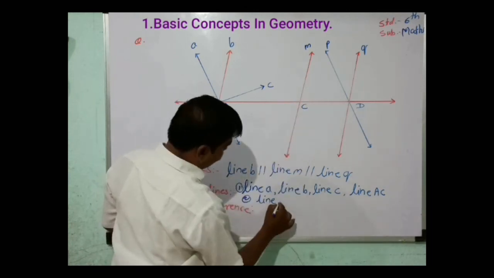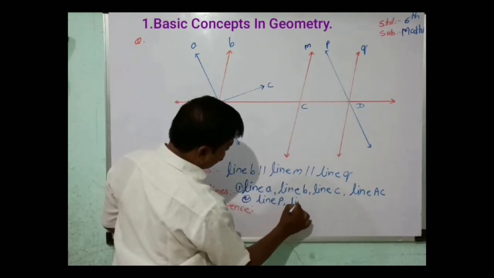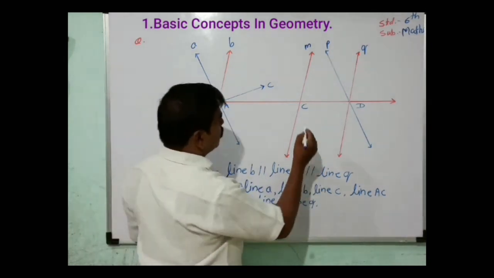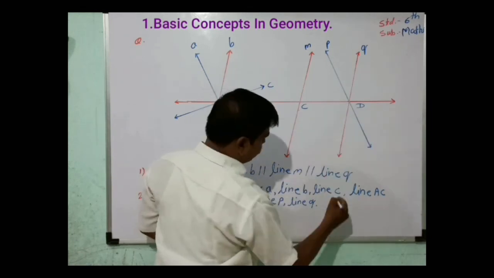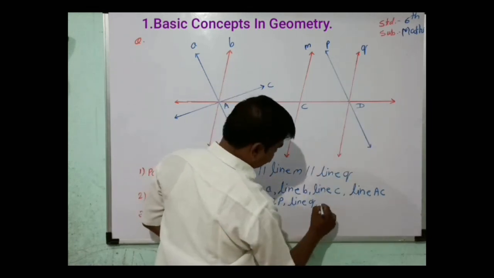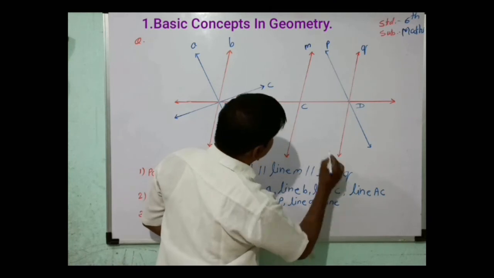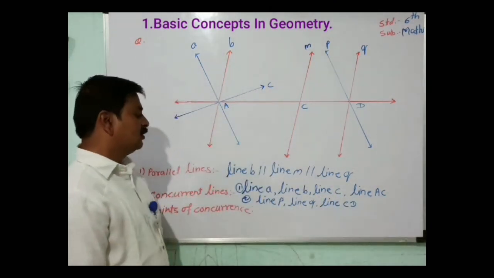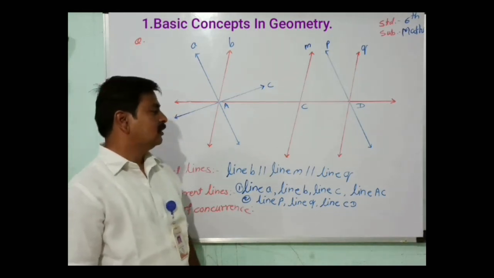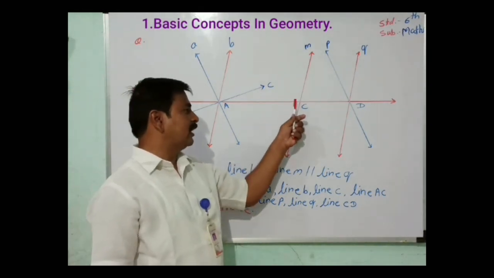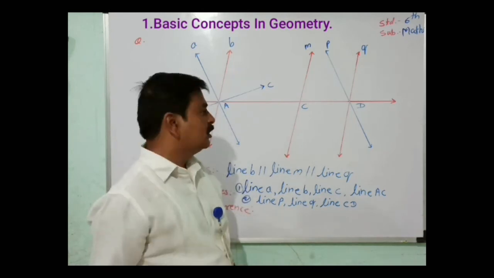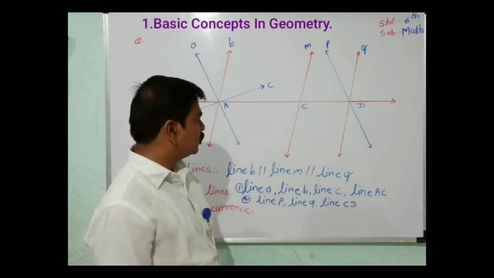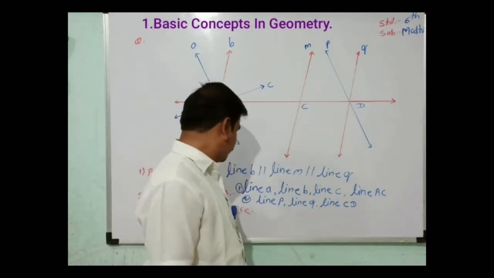Line P, line Q, and the name of this line, line CD or line AD. These are three lines which are concurrent. Here only two lines intersect in one point, so two lines are always concurrent. So it is not necessary to write them here.